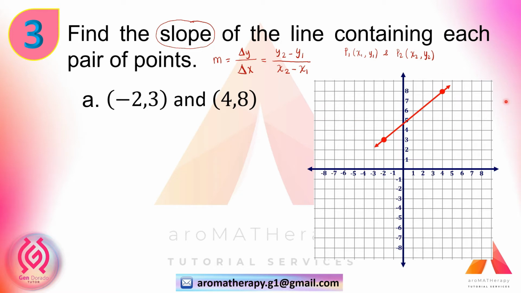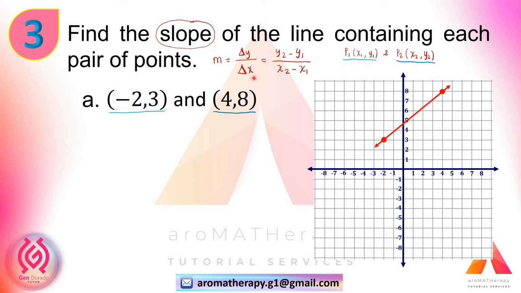Now, let us denote P sub 1 as negative 2, 3. So, x sub 1 will be equal to negative 2 and y sub 1 is equal to 3. For P sub 2, we have the point 4, 8. X sub 2 is equal to 4 and y sub 2 is equal to 8.